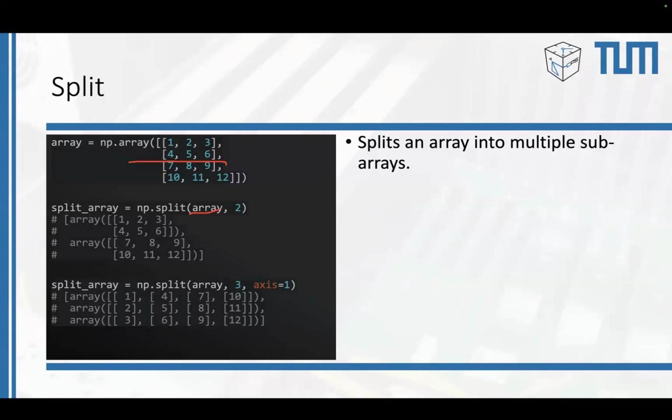But if you want to do it along a different axis, for example, the columns, well, in this case, you have 3 columns. So instead of 2, I have to pass 3, because anything else will fail and will give me an error. I mean, it has to be a divisor of the number of elements in that dimension in order to be able to split it, right? So if I have 9 columns, I could have put 3 or 9, but definitely not 4.